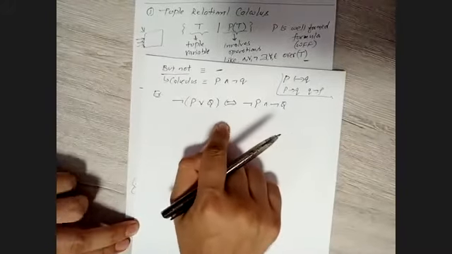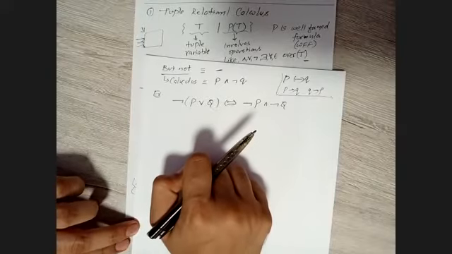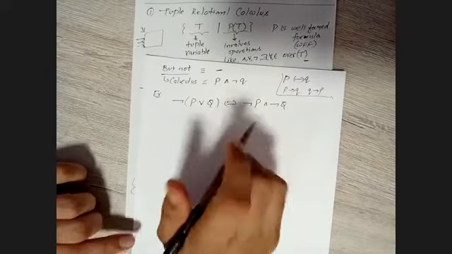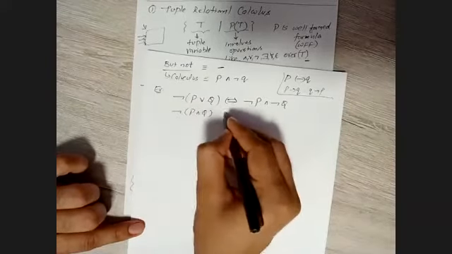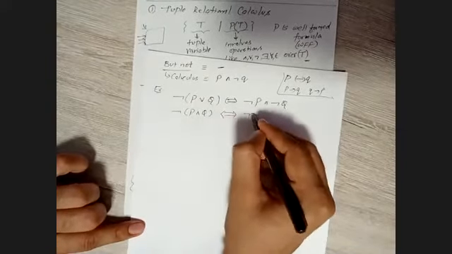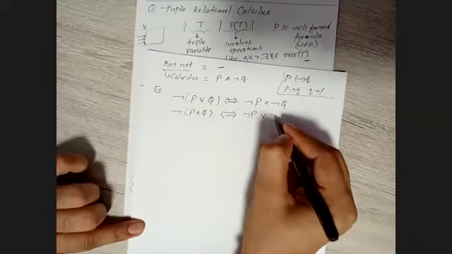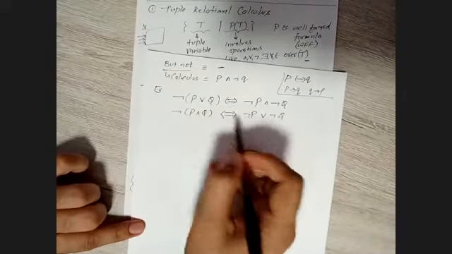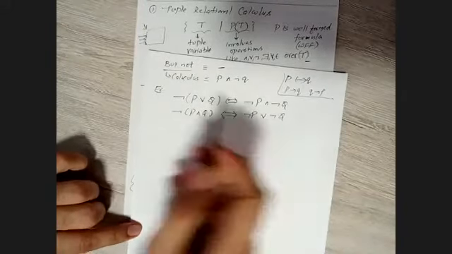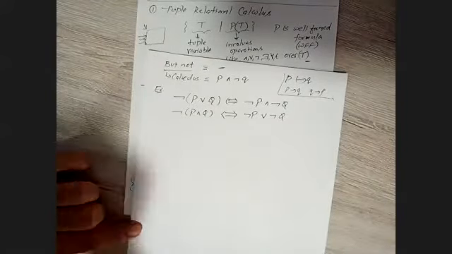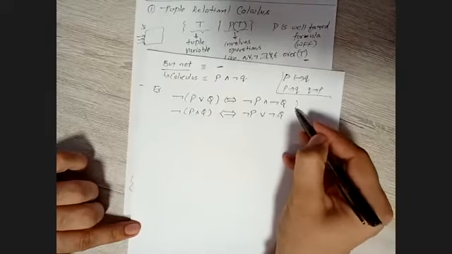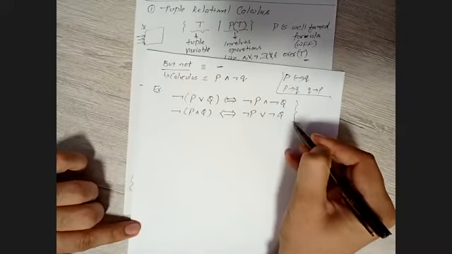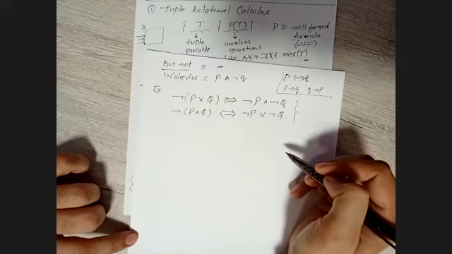These are small things you might need when you write TRC queries. The same goes for P and Q, which means negation P or negation Q. So the disjunction and conjunction symbols interchange when we take negation inside. This is important and you may need it when writing TRC queries.